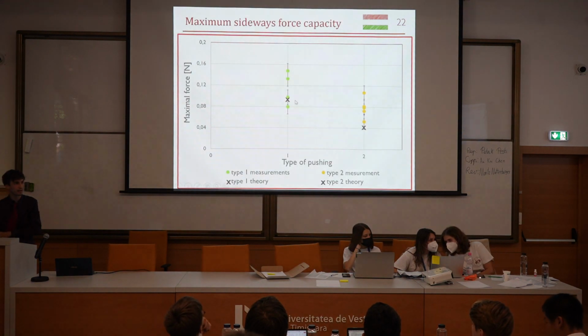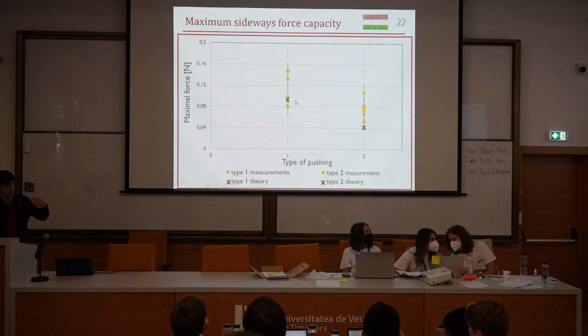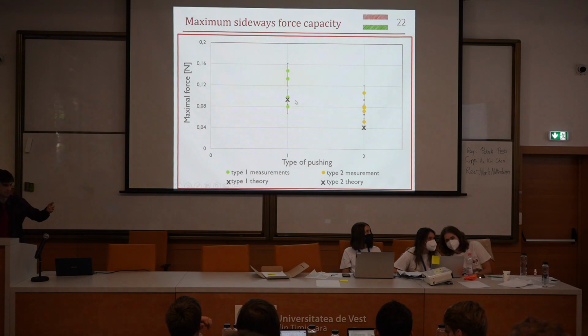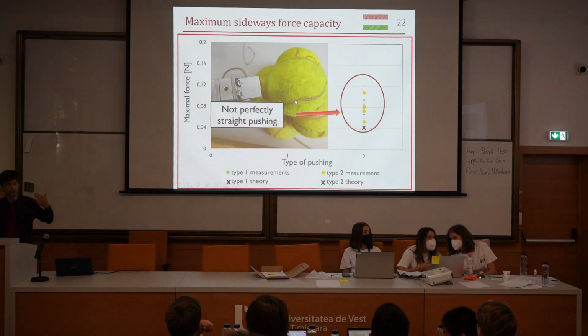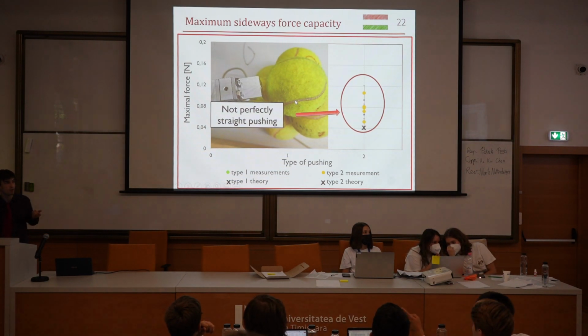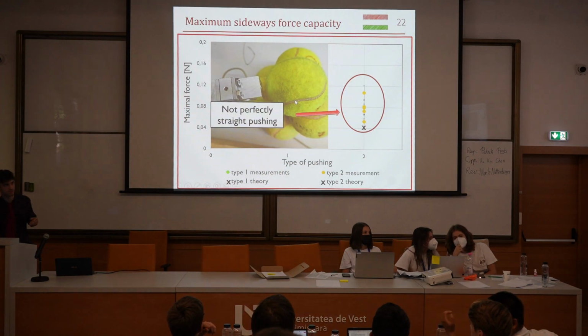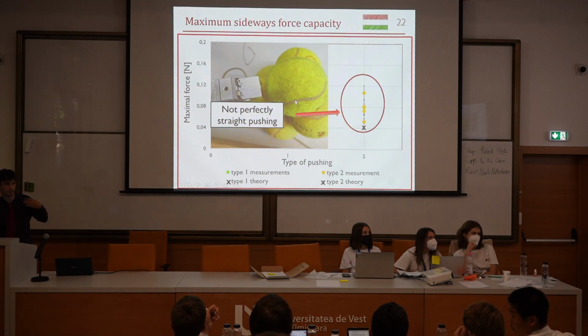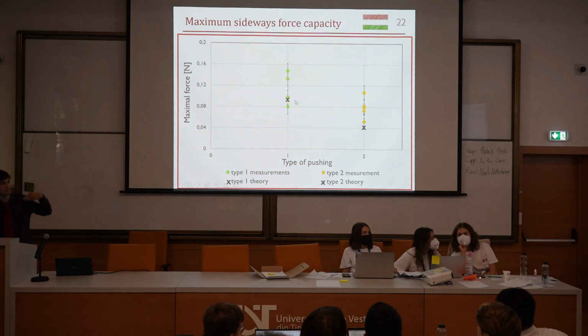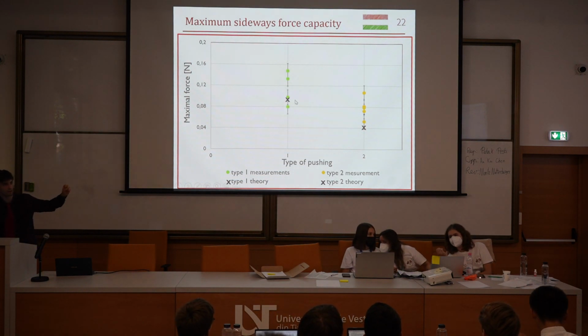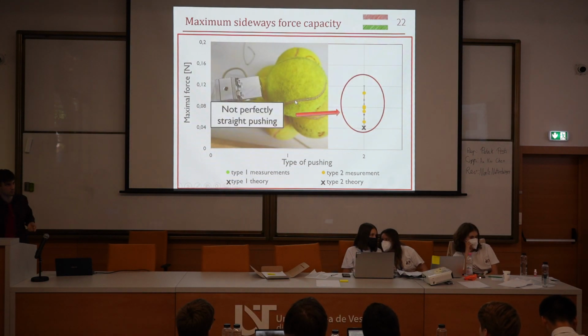For this we get these results from our theory and measurements. What is really interesting is that our theoretical result is significantly lower than our measured values. We can say that this is because the pushes were not perfectly straight, and when they are not perfectly straight, it starts to interpolate toward the type 1 measurement and gets closer to that.